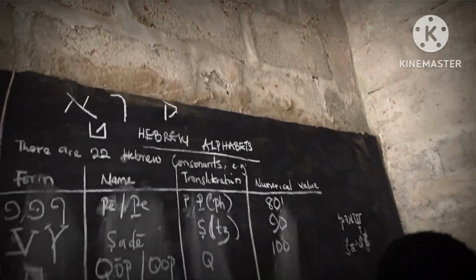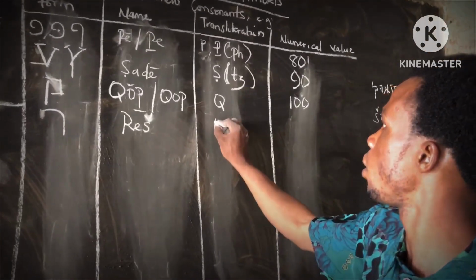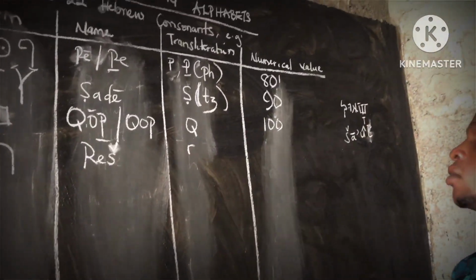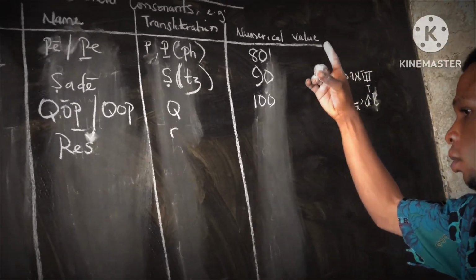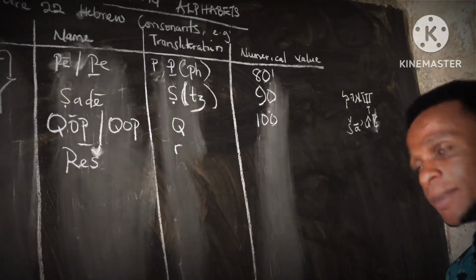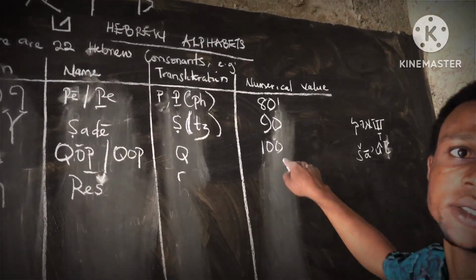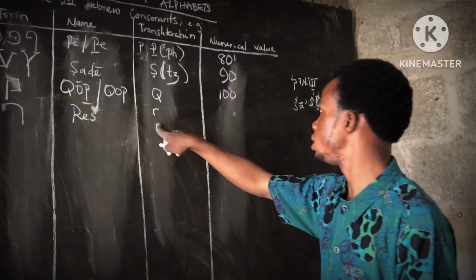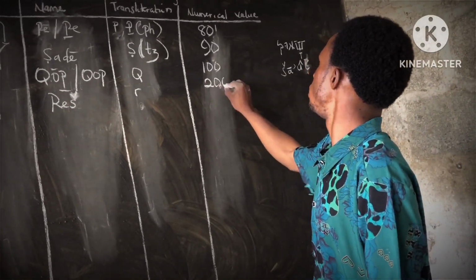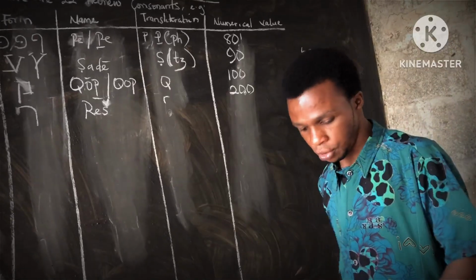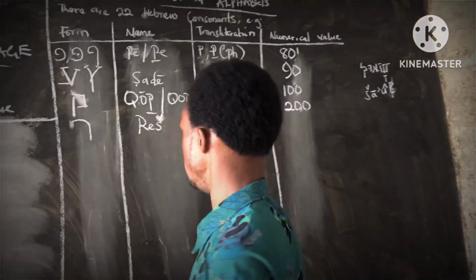Resh represents R. It is transliterated as R. Like I said before, you have another interval, so you don't write 101. You now begin to add 100 to this, which means Resh will be 200.